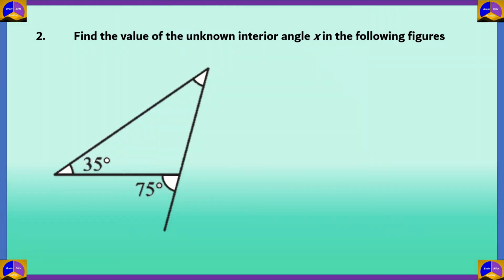This is the last question of this episode. So in this, we have to find x. So 75 degrees is the exterior angle of the figure, 35 degrees and x are the opposite interior angles. So using the property, x plus 35 degrees is equal to 75 degrees.